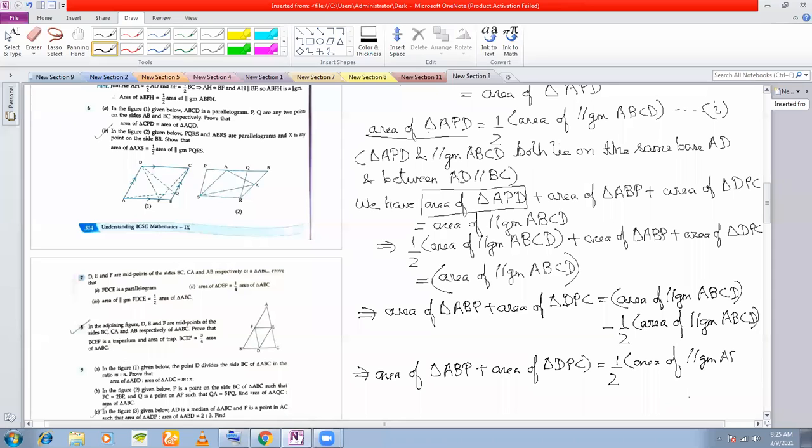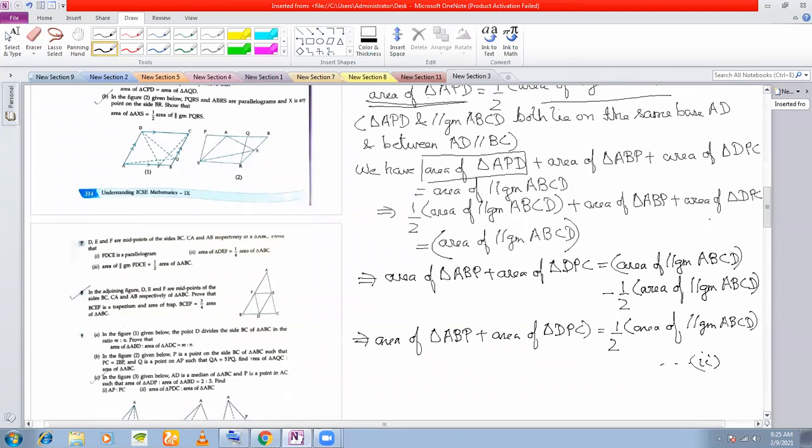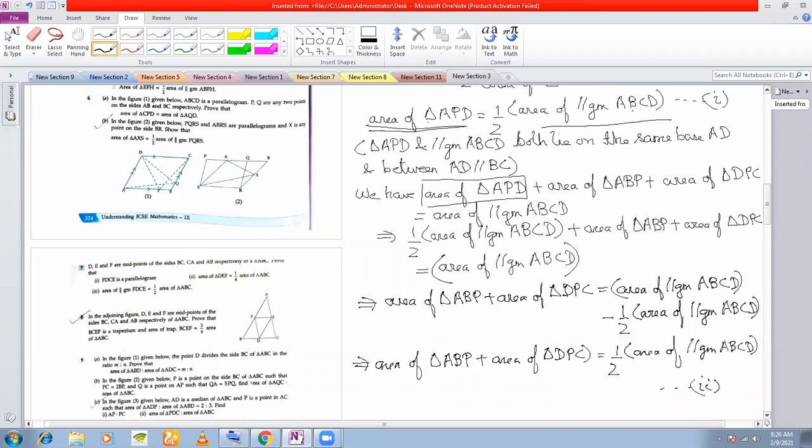Okay, call this 2. Now look at 1. Area of triangle APD is equal to half of area of parallelogram ABCD. Also area of triangle ABP plus area of triangle DPC is equal to half parallelogram ABCD. That means both are equal to half area of parallelogram ABCD.